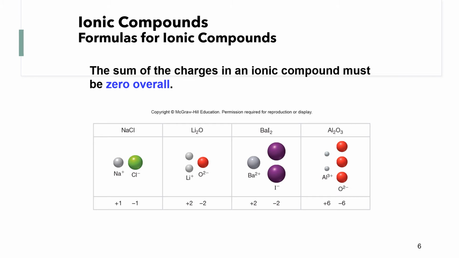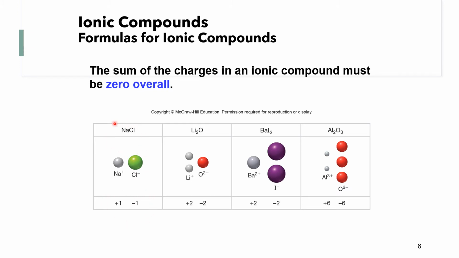In an ionic compound, you'll often see the chemical formula written out. And by looking at the chemical formula, you can figure out what the compound looks like, especially if you know that it's an ionic compound. We want to have a 0 overall charge, so our charges have to equal 0 when you add them together.